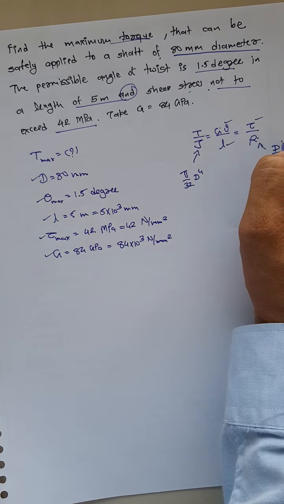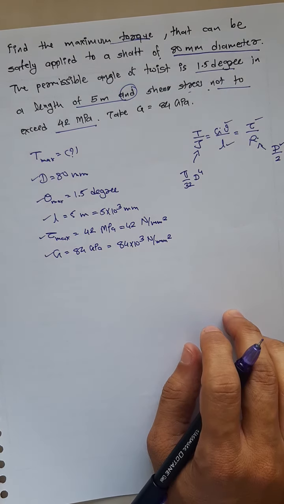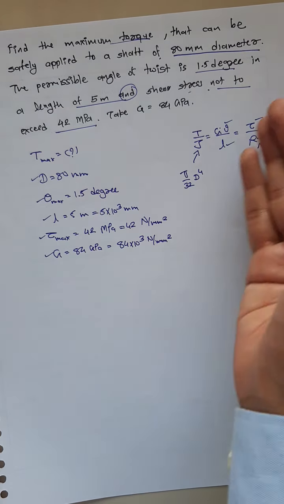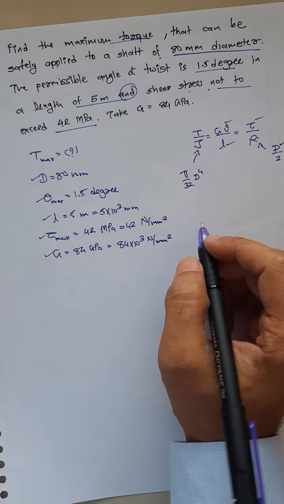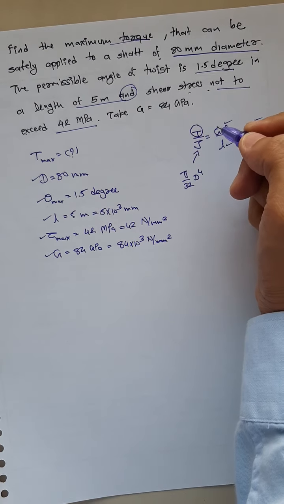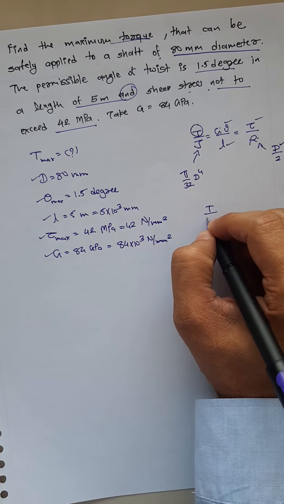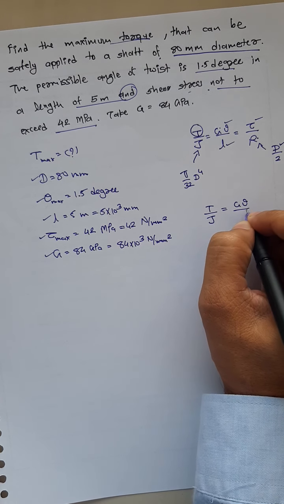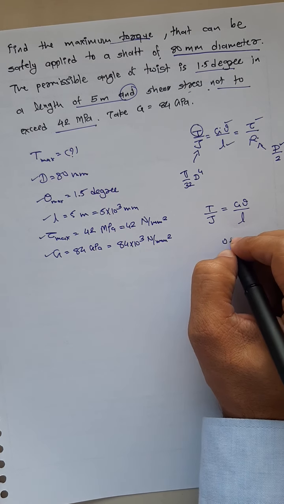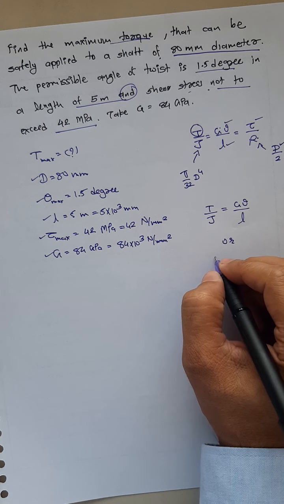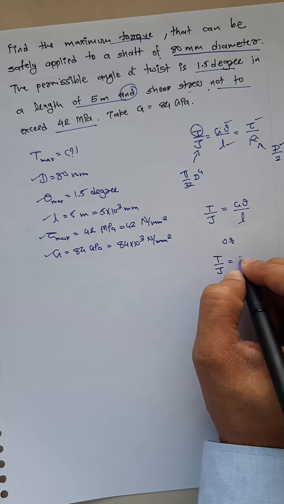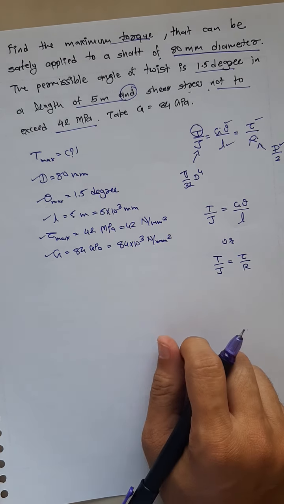So this is also available. In this equation all the things are available, only unknown left is T. So we are having two ways. Either I use this equation, T by J is equal to G theta by L, or I use this equation, T by J is equal to tau by R.